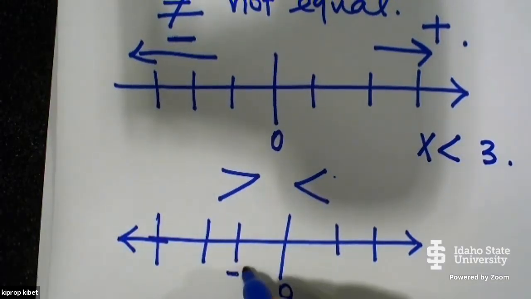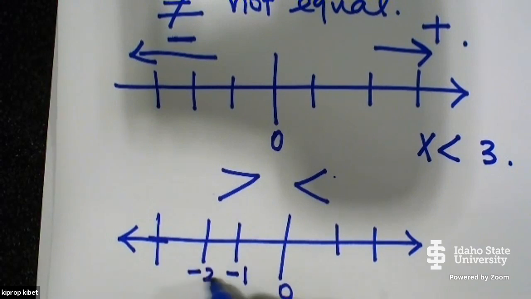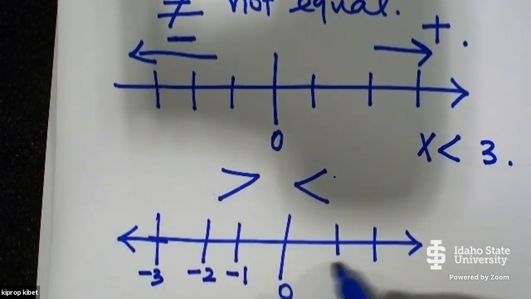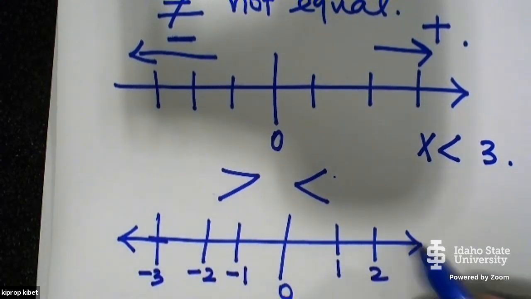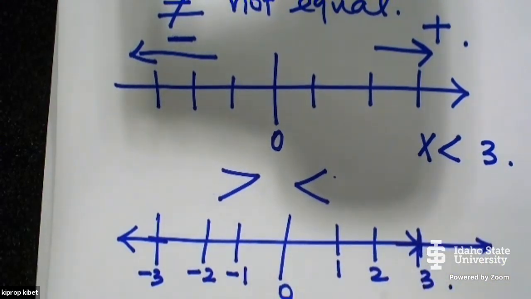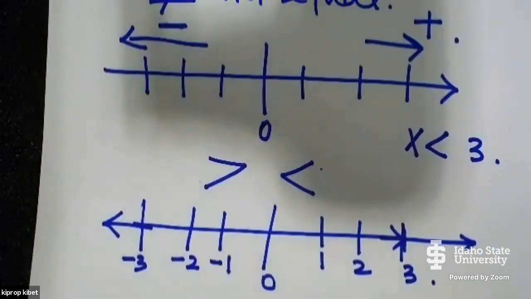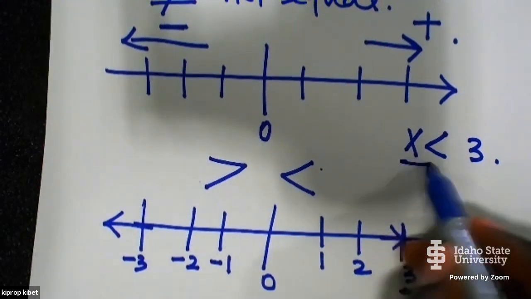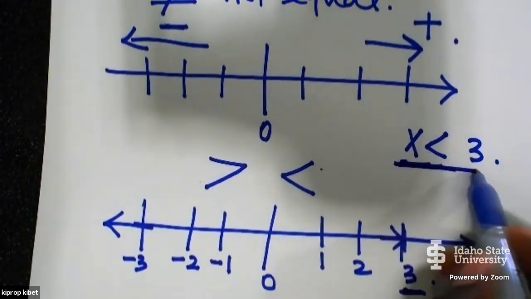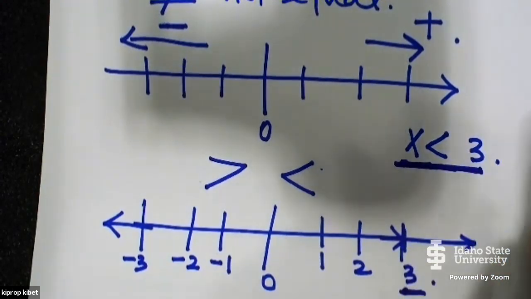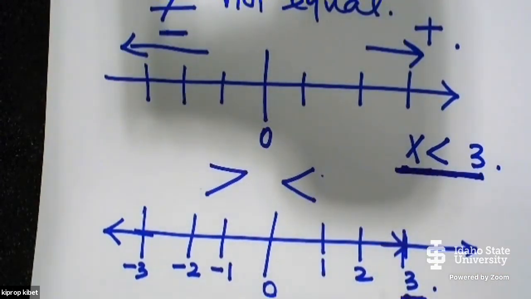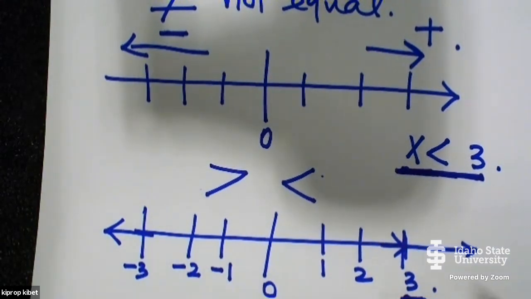Then if this is -1, -2, -3, this one is 1, 2, let's say we go there, 3. So we go to the value 3, okay? So the values of x are less than 3. So anything which is less than 3 is the value of x.